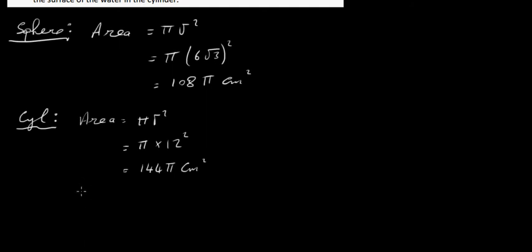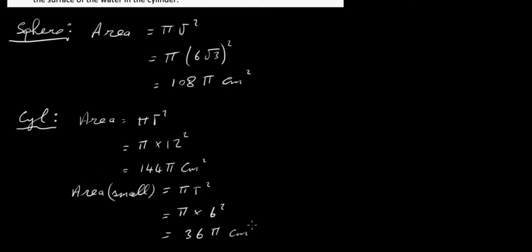Now the area of the small circle again is going to be pi r squared. So that's going to be pi times r squared, and we worked out r as being 6, so it's 6 squared, so that just gives me 36 pi centimeters squared.